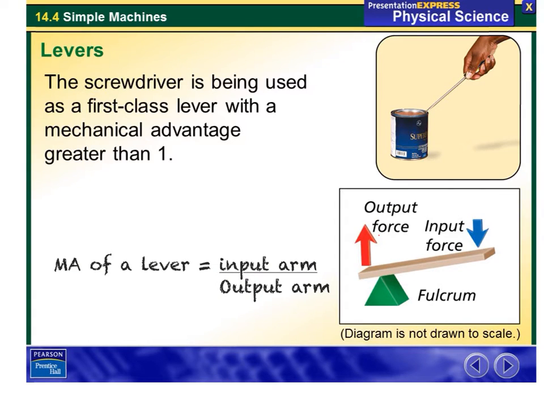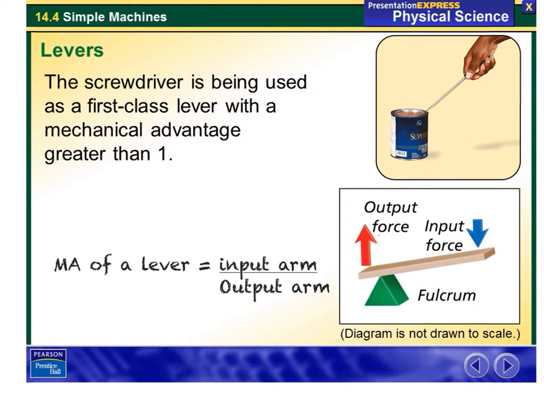This first lever is an example of a first-class lever. That means that a first-class lever can have a mechanical advantage greater than 1, equal to 1, or less than 1, depending on the position of the fulcrum. If the fulcrum were to be exactly in the middle, that would mean you would have 10 divided by 10, which would equal an exact mechanical advantage of 1.